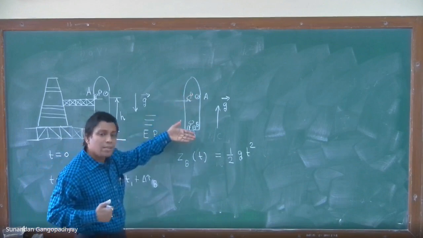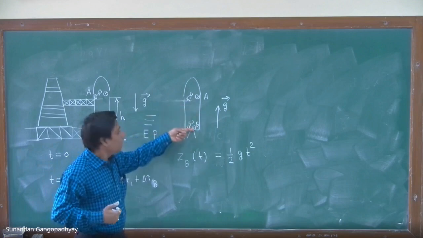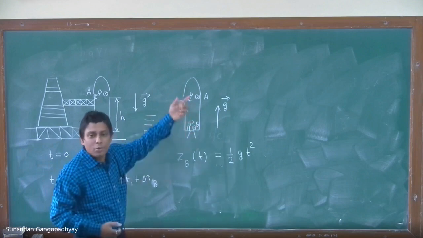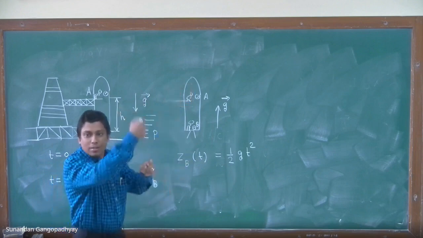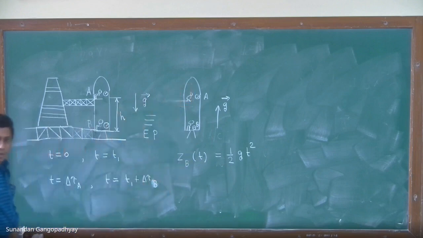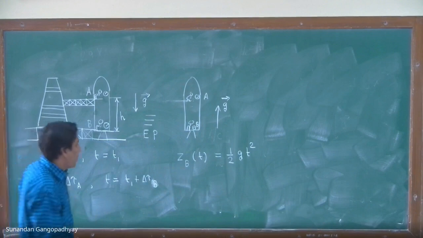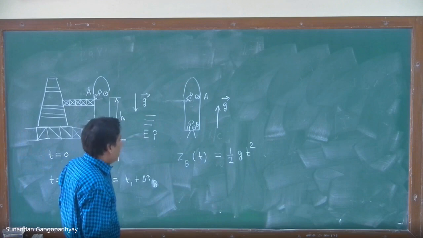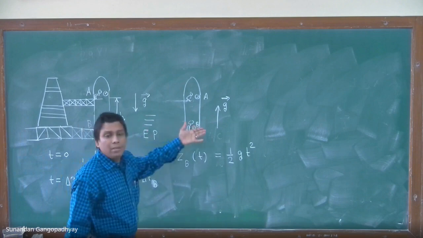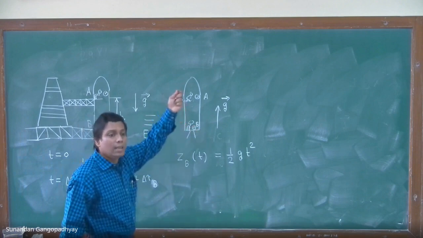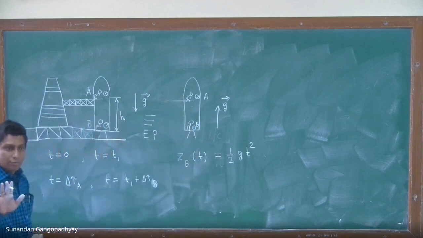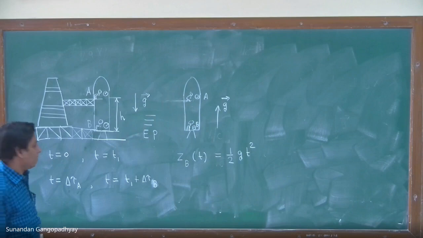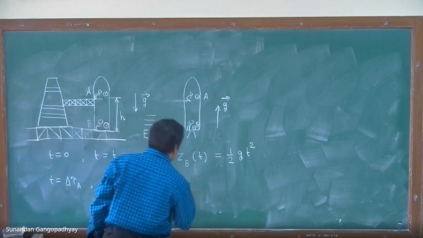But since the rocket is uniformly accelerating, he will catch up with those signals earlier, because he is moving up. So what it basically means is that the rate at which he receives those signals will be more. This is what you expect without doing any calculation. Let's see what happens when we do the calculation.